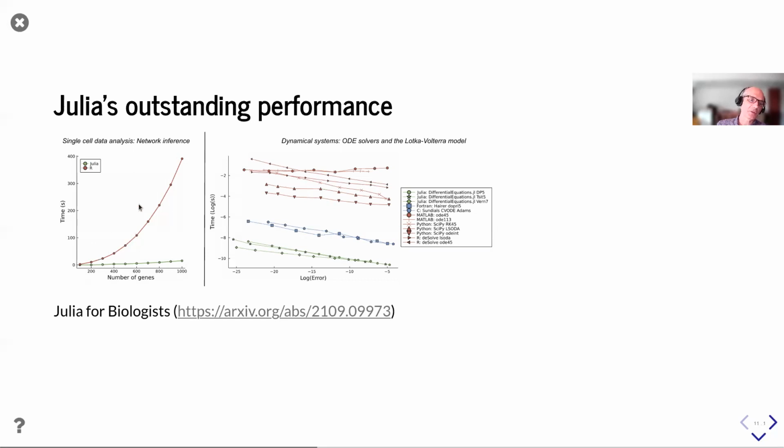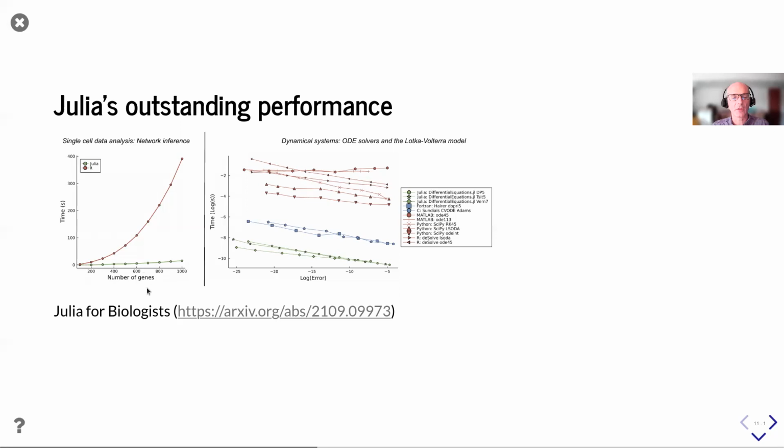What you can see, for instance, is a comparison of R, which is a very well-developed, widely used language for this kind of analysis, and how its runtime increases as a function of the number of genes in the inferred network, versus Julia doing the same task in the green.